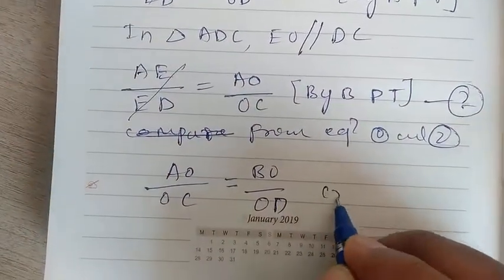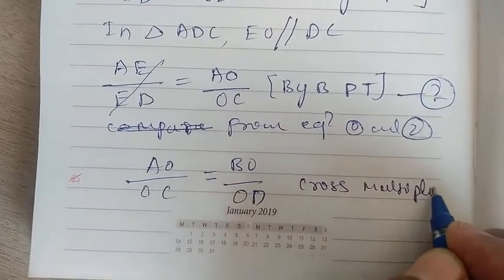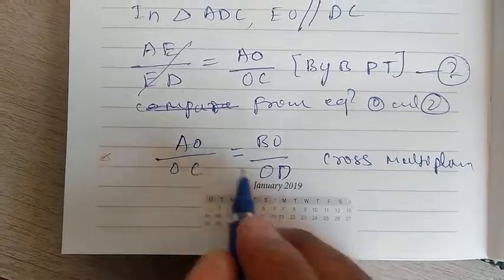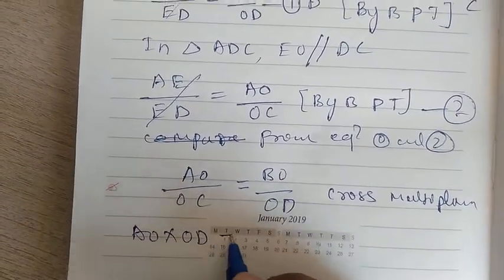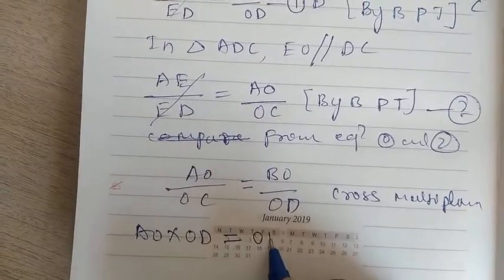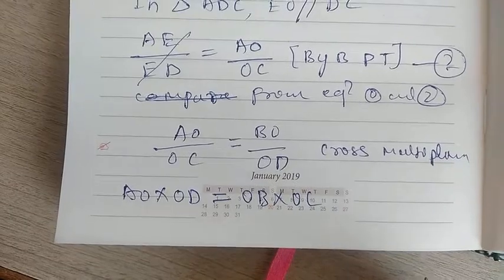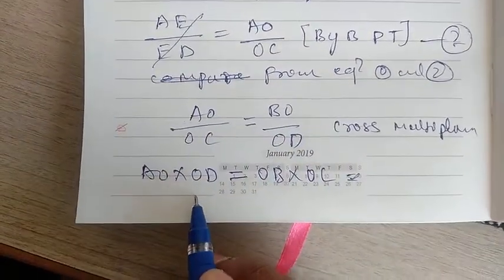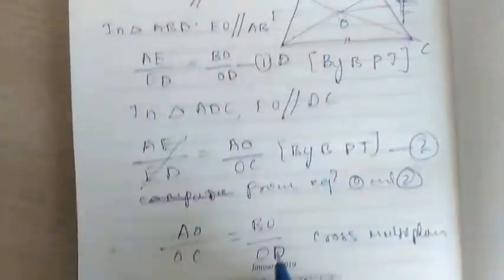Next, just do the cross multiplication. See what you get after cross multiplication: AO into OD is equal to OB into OC. I hope you understood. Then finally, what you are going to prove is AO divided by BO.